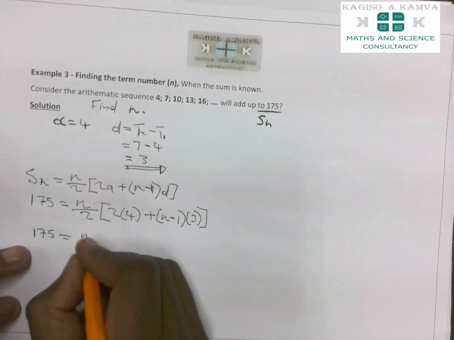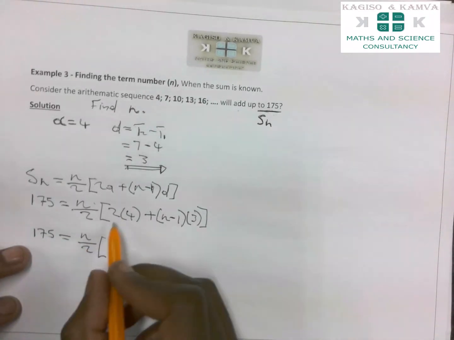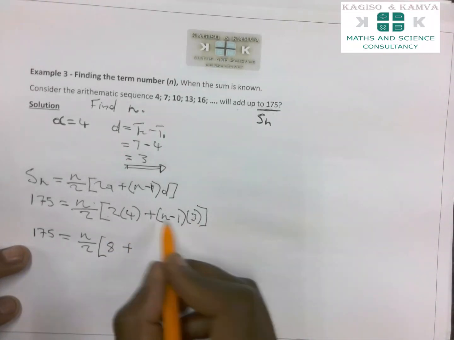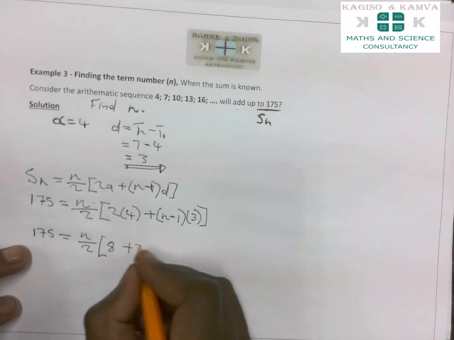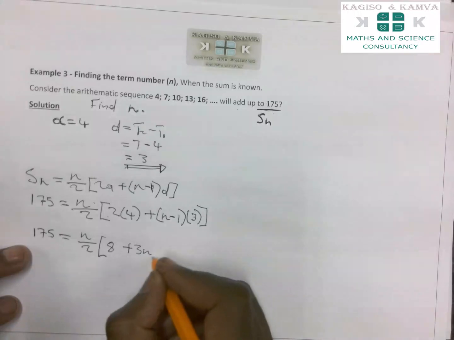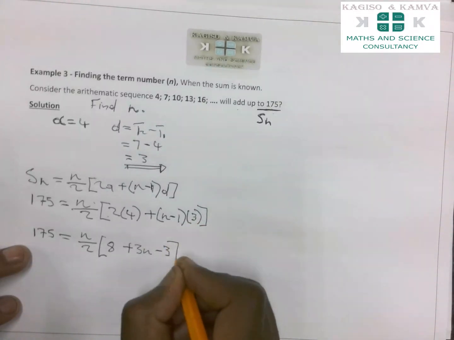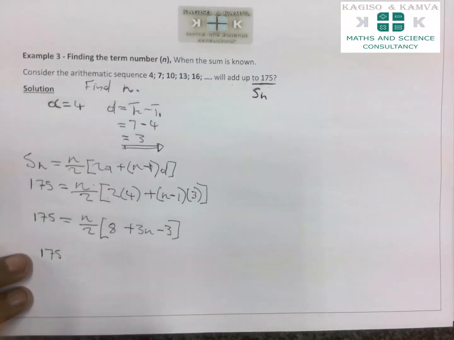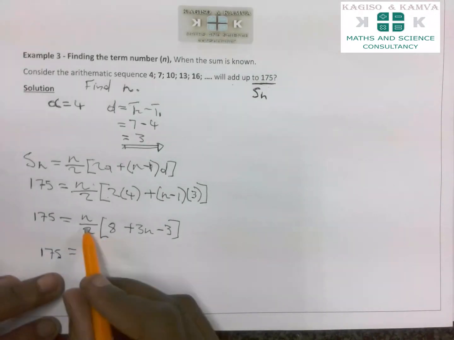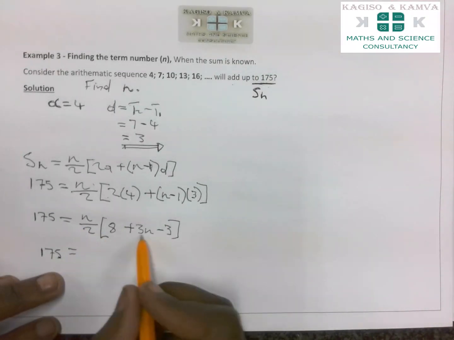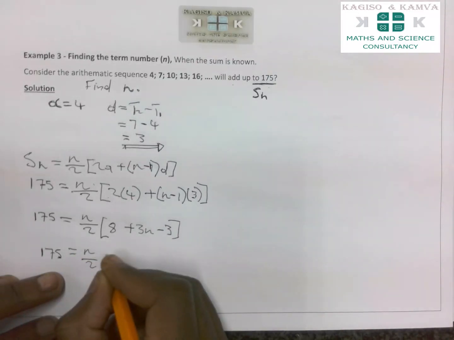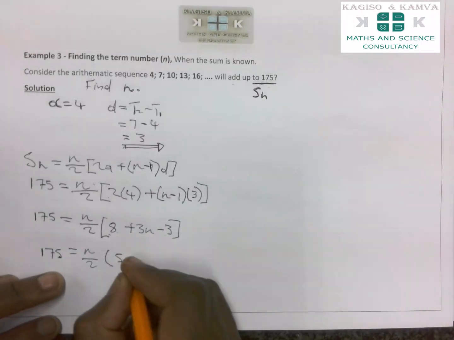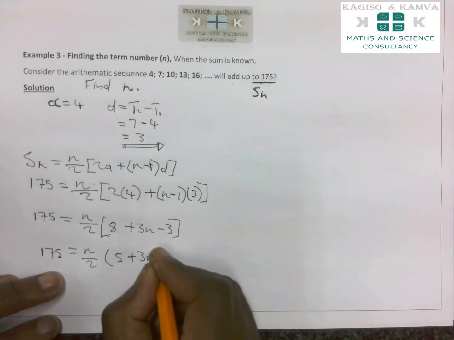We're going to have 175 equal to n over 2 into, this is going to be 8 plus, when we expand this one, that will be 3n minus 3. Okay, so what do we have? We're going to have 175 equal to n over 2 into 8 minus 3, that will be 5, plus 3n.